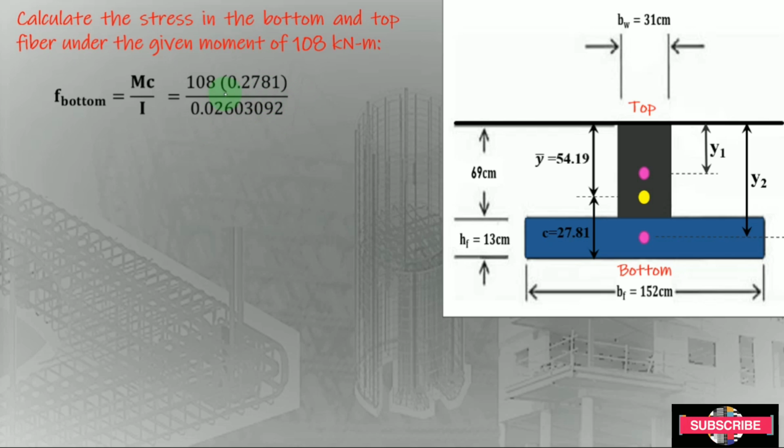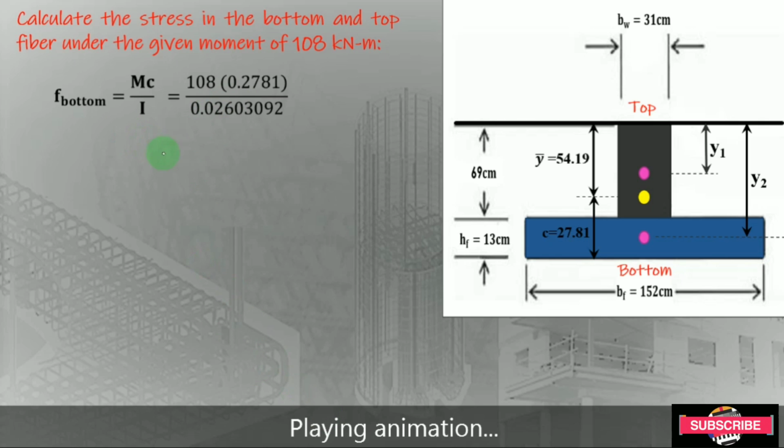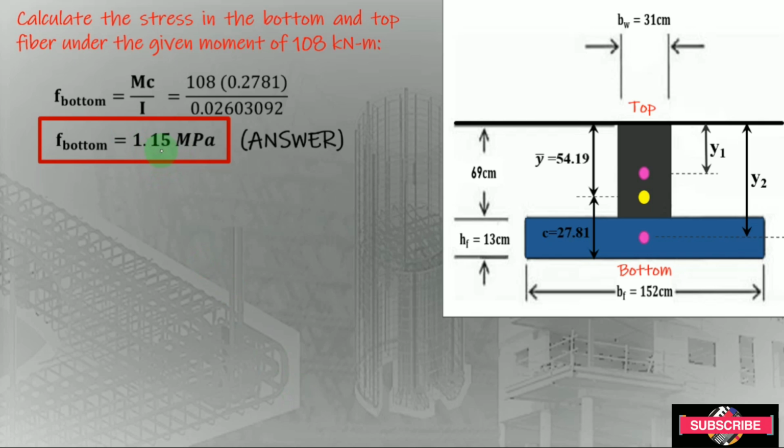If you calculate this in megapascal, we have the result of 1.15 megapascal. Actually the unit of your moment here is kilonewton meter, and this is meter, so kilonewton meter squared over m to the fourth, so its result is kilonewton per meter squared.